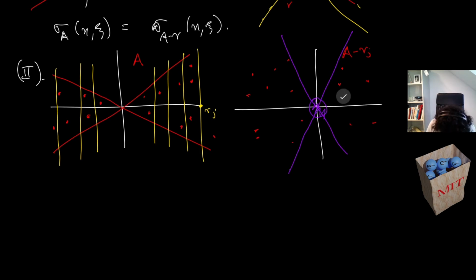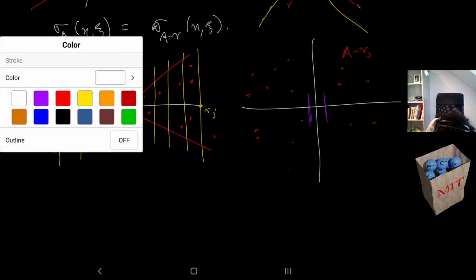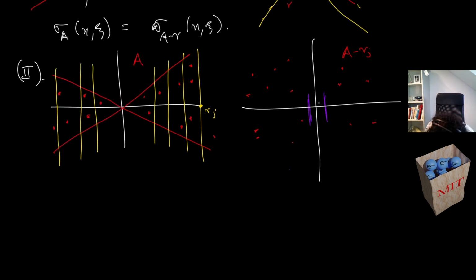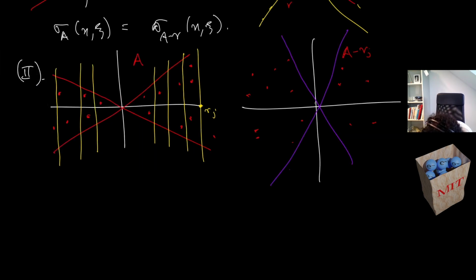Because we have an open ball of resolvent, it also means that we can organize things to draw the spectrum of the operator. Maybe I shouldn't have drawn it like this; I should have used a different color. So this is the purple. This is where a priori the spectrum is contained. And then we have some ball here where we don't have any spectrum.